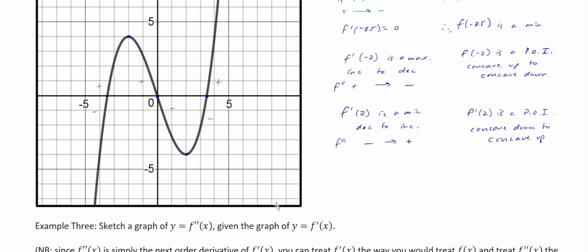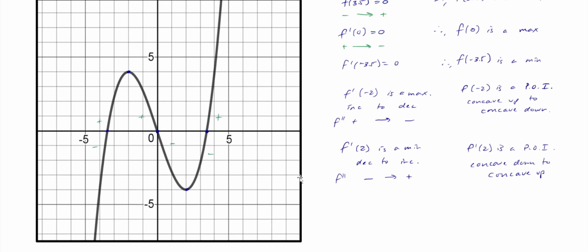Okay, so I think I have enough information. And again, it doesn't really matter where you place this vertically. There's infinite possibilities. So at this point right here, negative 3.5, I need to have a minimum. So I'll put my minimum right here. Then at negative 2, I have to have a point of inflection, and then I've got to have a maximum, and then a point of inflection, and then a minimum.